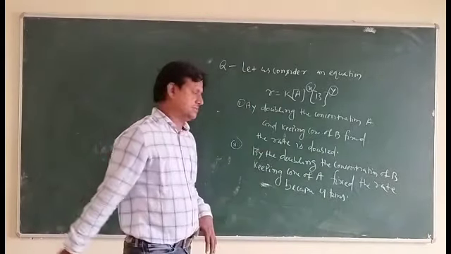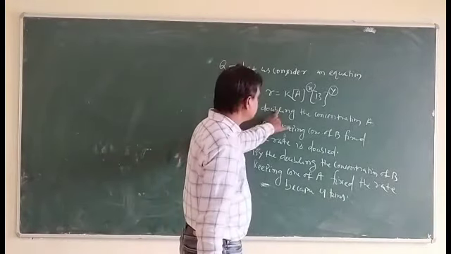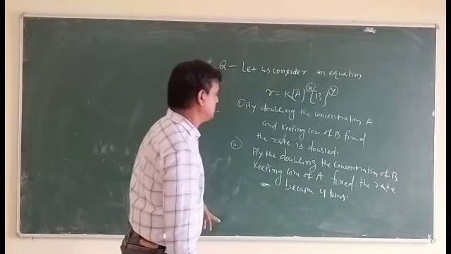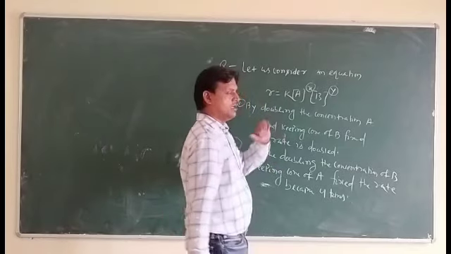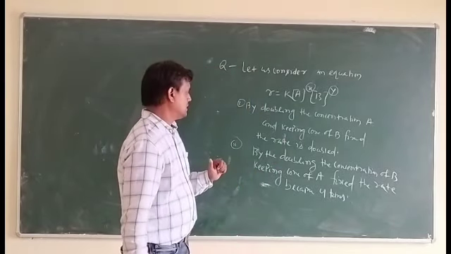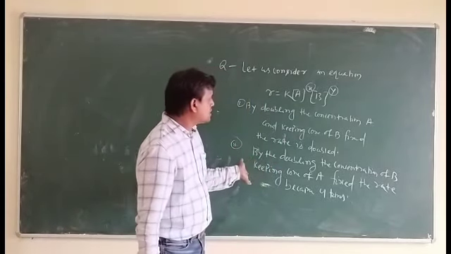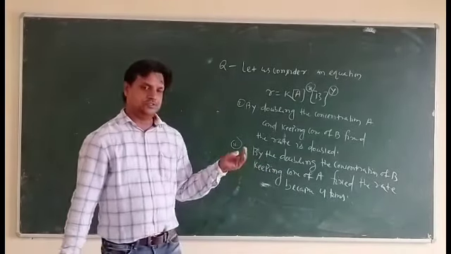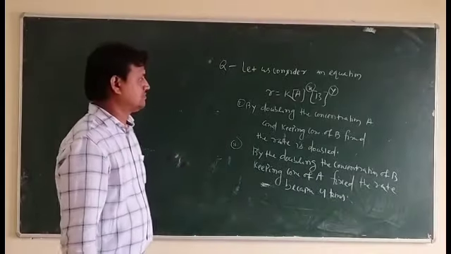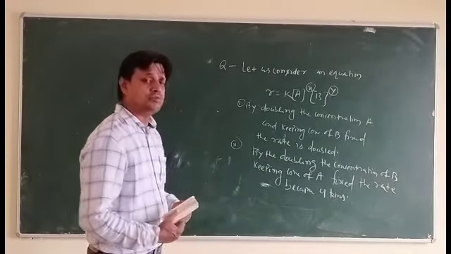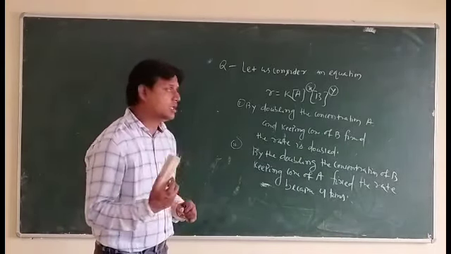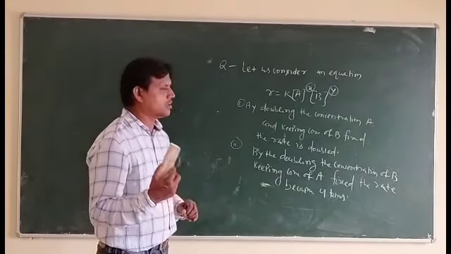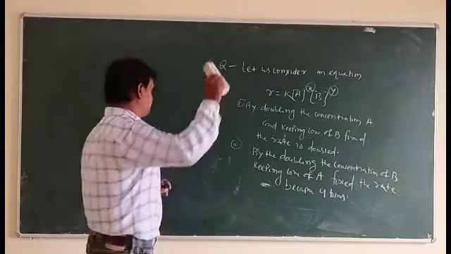How can we calculate this? By doubling the concentration of A and keeping the concentration of B fixed, the rate is double. Similarly, by doubling the concentration of B, keeping the concentration of A fixed, the rate became 4 times. So, I can calculate the value of x and y and the overall order of the reaction.